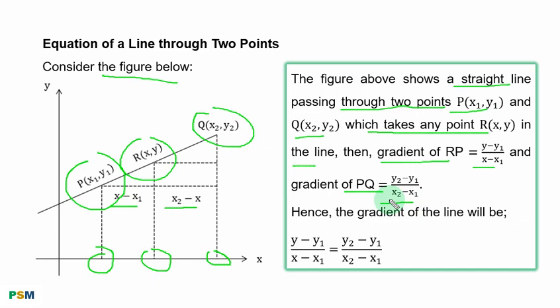That is the change in y over change in x. Hence, the gradient of the line will be the first gradient equal to the second gradient. So, if we are to find the equation of a line passing through 2 points, we use this formula.